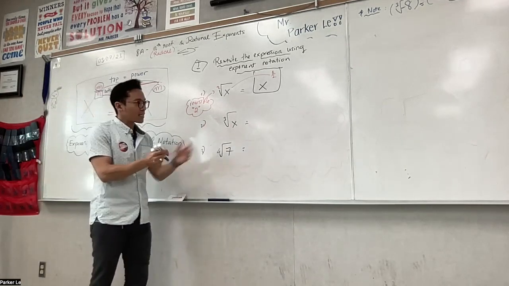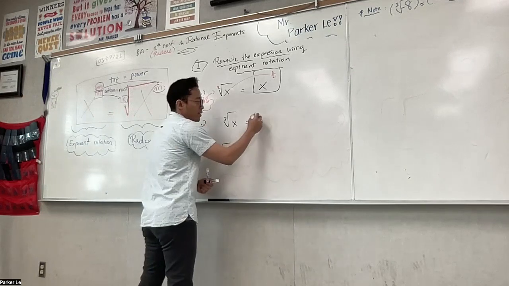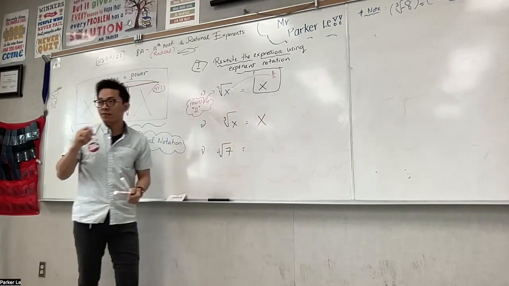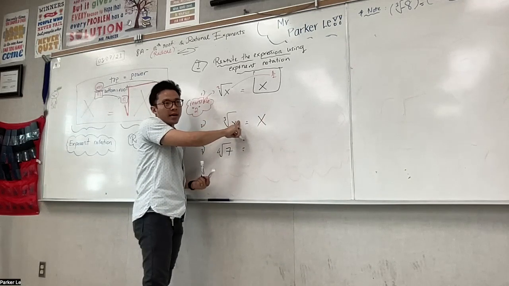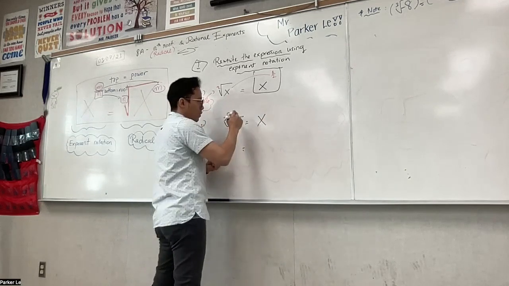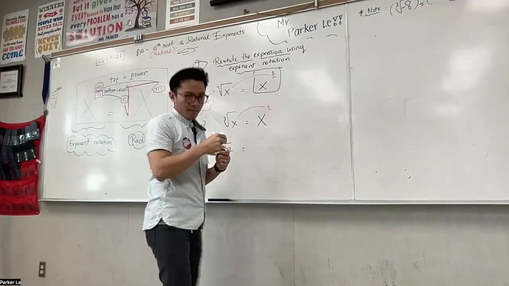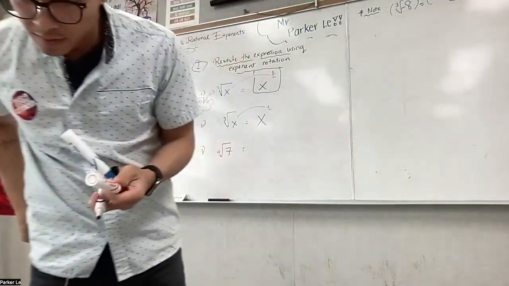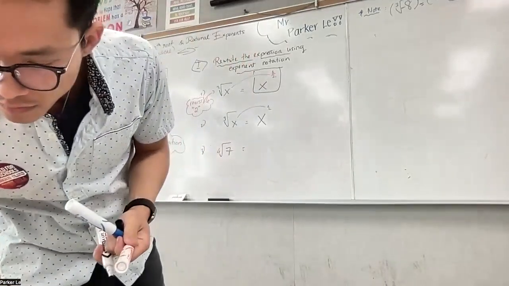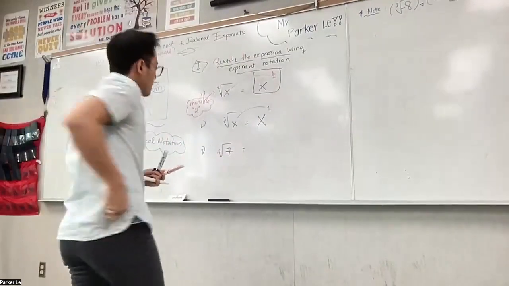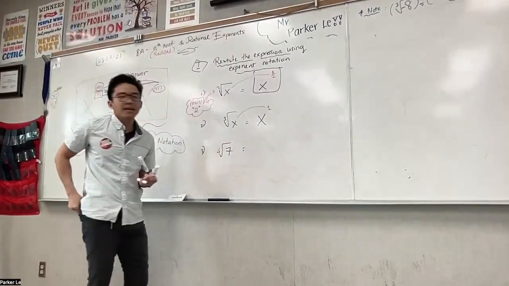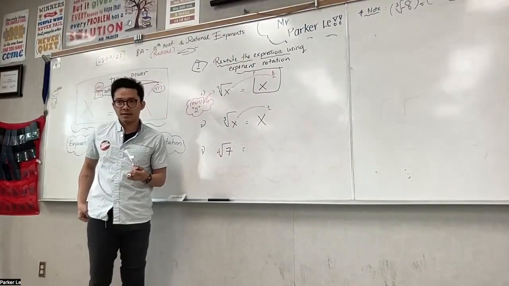Okay, this is radical form, so I'm gonna convert them into exponent form. What is the power of x right here? 1. There's a visible 1. Now, what is the power of the root? 3.